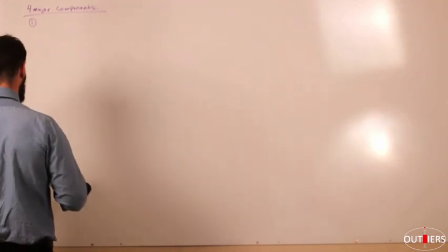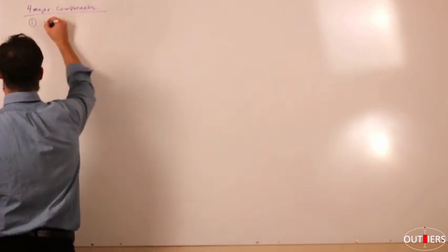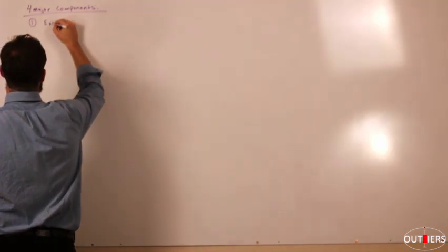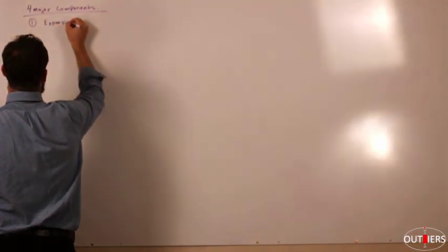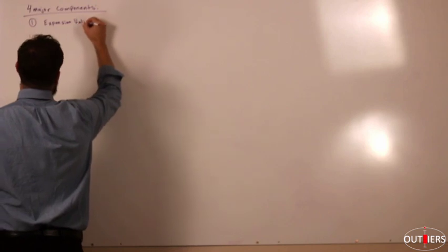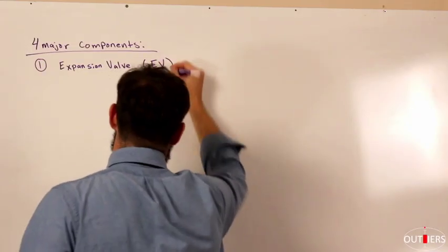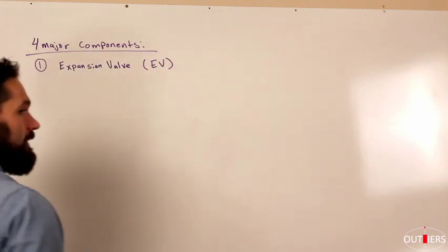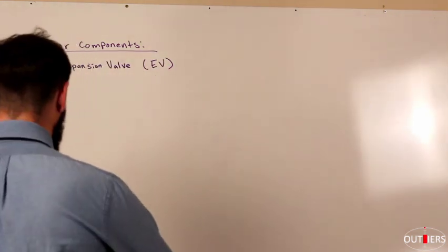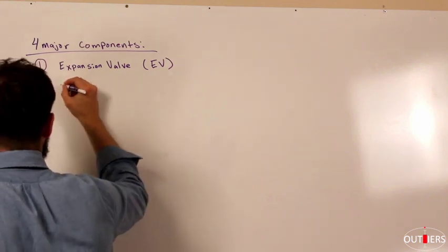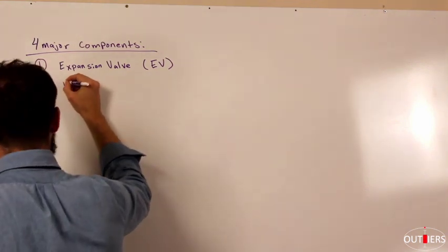So we've got to pick a starting point, and I've picked the expansion valve. So the first major piece of equipment here is the expansion valve. And again, for ease of writing, I'm just going to shorthand this as EV for expansion valve. The second major piece of equipment is the evaporator.